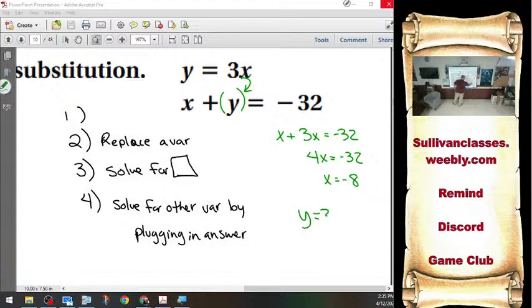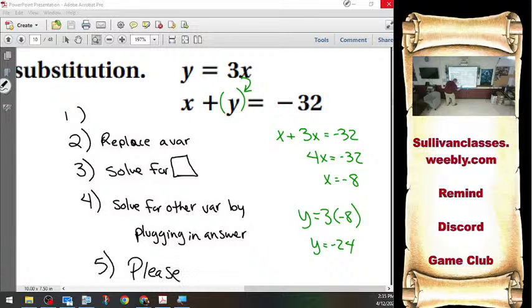So I said y equals 3 times negative 8, getting y was negative 24. Then step 5 is please write it as a coordinate. The coordinate is the x and y where these two would have crossed.